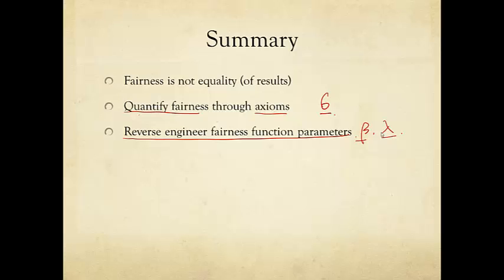Now, reverse engineering is not news to us either. We have seen that in reverse engineering topologies, in reverse engineering network protocol, and we can also reverse engineer, in this case, the underlying parameters in each person's different fairness function. So fairness highlights the interdisciplinary nature of our study of these 20 questions about social, economic, and technological networks.